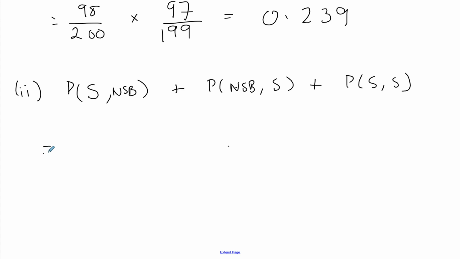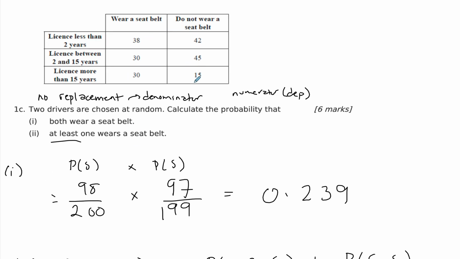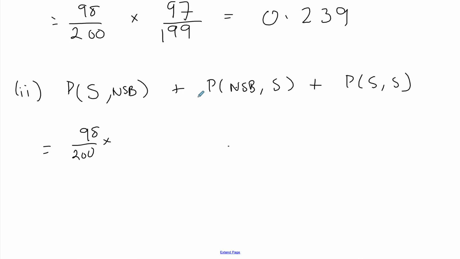So probability of picking a seatbelt is 98 over 200. And then no seatbelt is basically me adding up this column, which is 102. So this is 102, but I've already picked one person out from those that wear seatbelts. So I have one less person. Notice how I didn't decrease the numerator. The numerator is 102 based on my table, but I did decrease the denominator. And then we do the same thing here. We have 102 over 200 for no seatbelt.